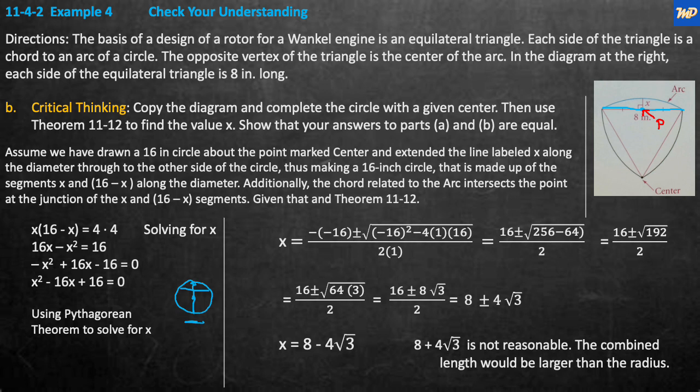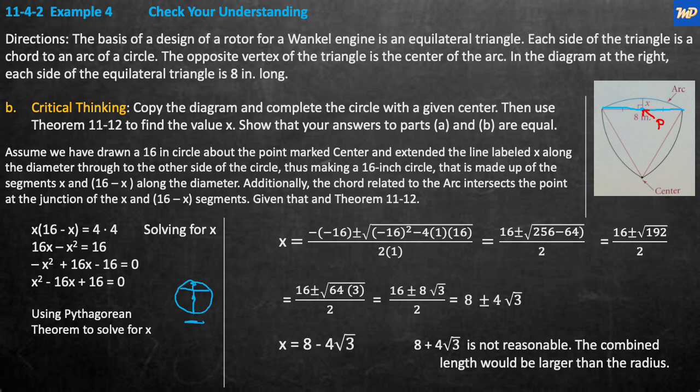And that's all divided by 2 times a, and a is 1. Okay, so now if we simplify that, we get minus minus 16, which is plus 16, plus or minus the square root of b squared, which is 256, minus 4 times 1 times 16, minus 64, all divided by 2.